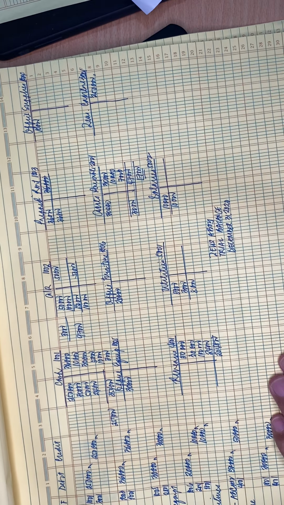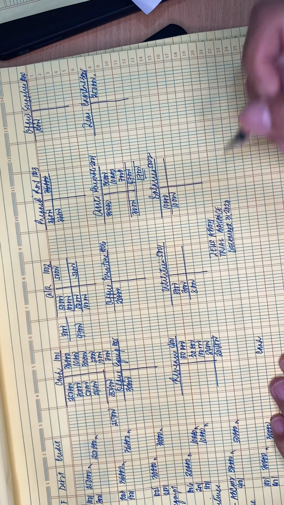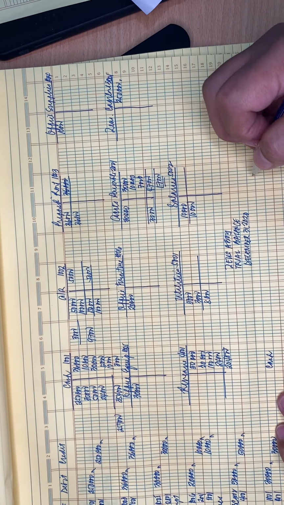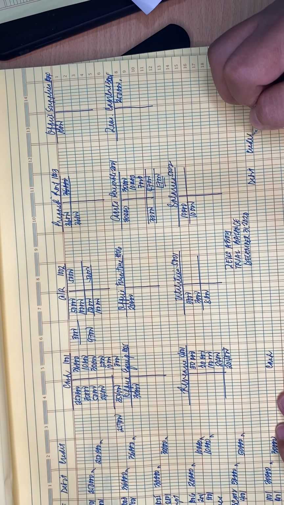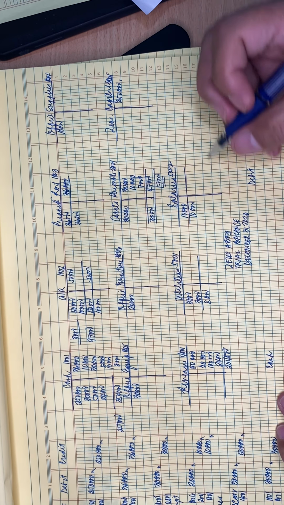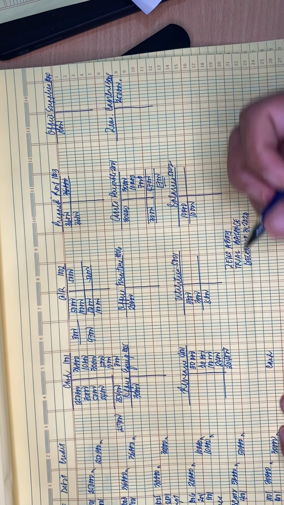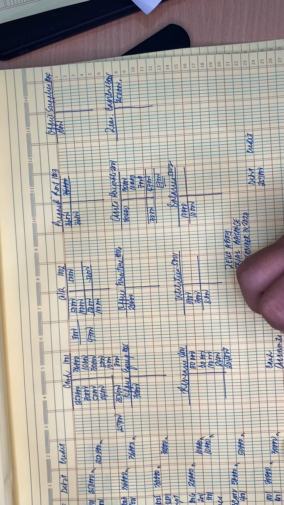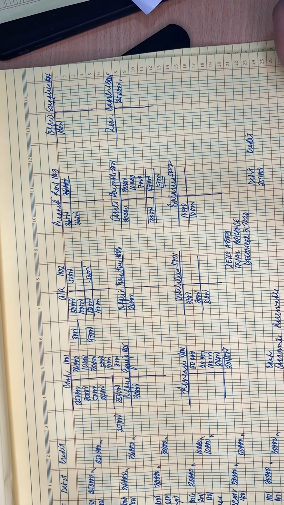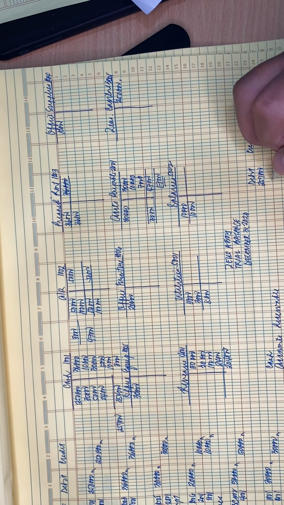Okay, so we'll start with the assets. Cash, this is for the debit, and then for the credit. So cash is how much? 257,000 debit. And then you have accounts receivable, magkano siya? There's a balance of 100,000 debit.